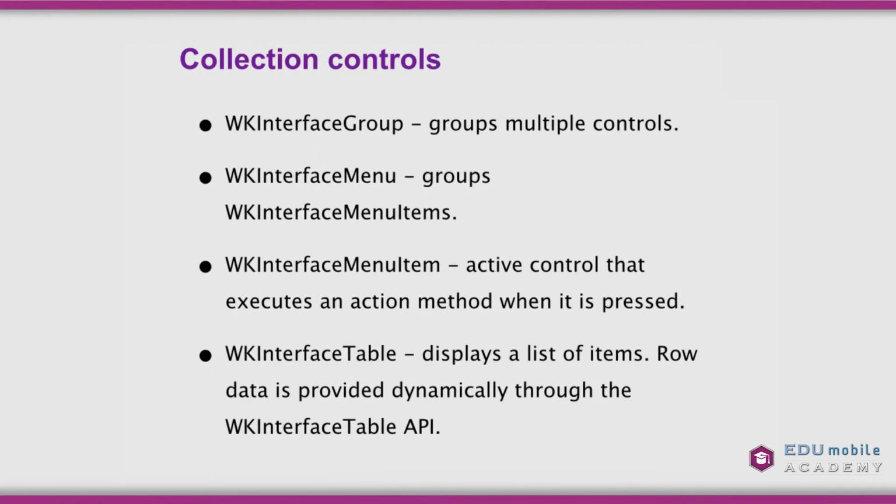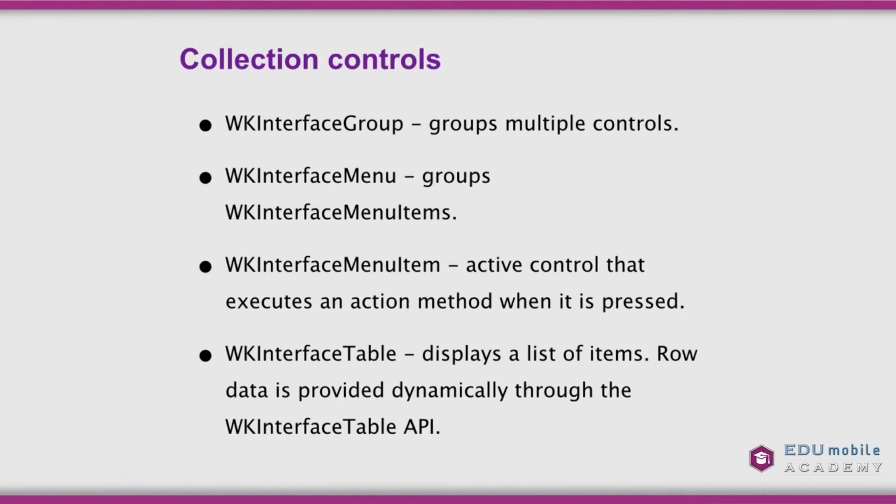Now, there are some collection controls, as you might expect. WKInterfaceGroup groups multiple controls into a single control group. WKInterfaceMenu groups something called WKInterfaceMenuItems. So interface menu is kind of an interface group that can only hold menu items, where each WKInterfaceMenuItem is an active control like a button. It executes an action method when it is pressed, so we can have menus as well.